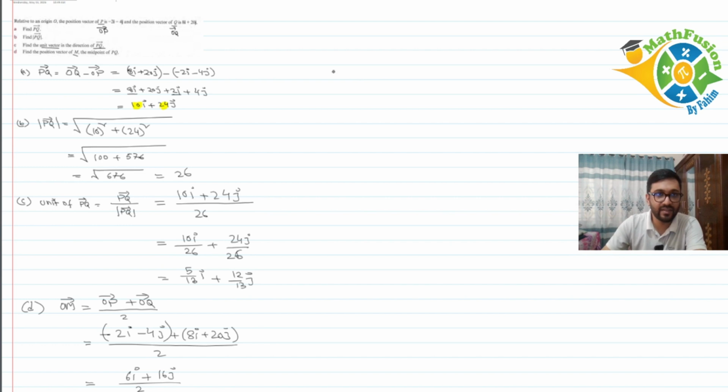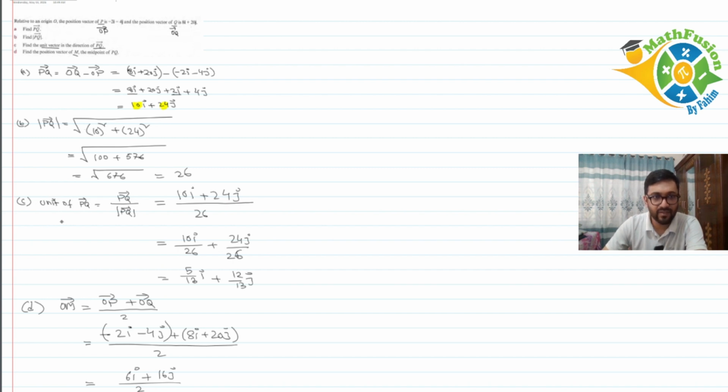First, we calculated PQ given the position vectors of P and Q, using the formula PQ equals OQ minus OP. Then we found the magnitude of the vector by taking the coefficients, squaring them, adding them and taking the square root.